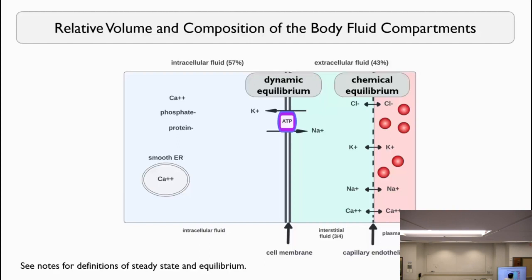Now, if something has electrical charge, it's not allowed, only through specific channels or specific transporters, when the cell decides, while the cells are working properly. In disease, we are going to see that this doesn't work properly. So the cell membrane is basically a barrier, a separation between the intracellular and extracellular compartment.